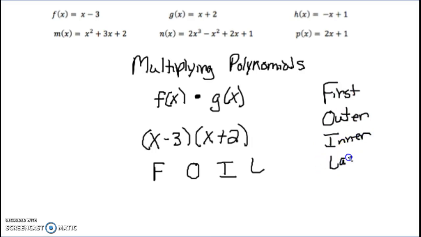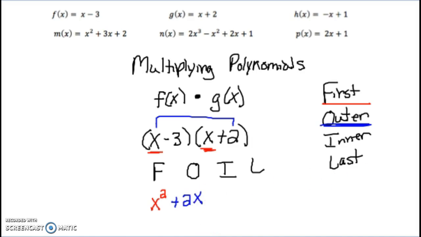and last. So my first two terms are going to be x times x, which gives me, now we're changing last names, right? Now we're multiplying. X times x is x squared. My outer are going to be my x times positive 2. So plus 2x.